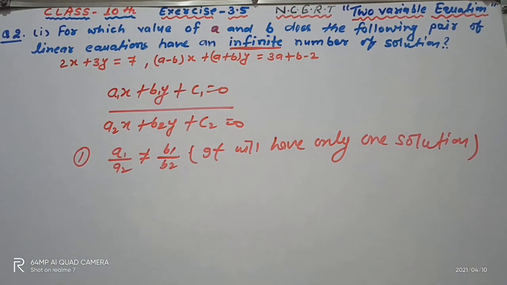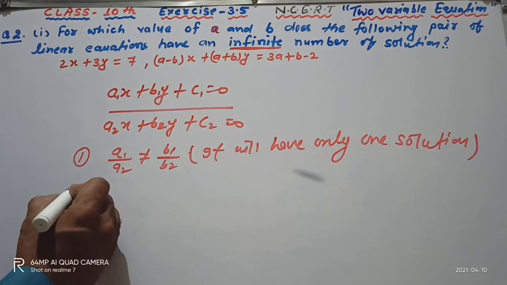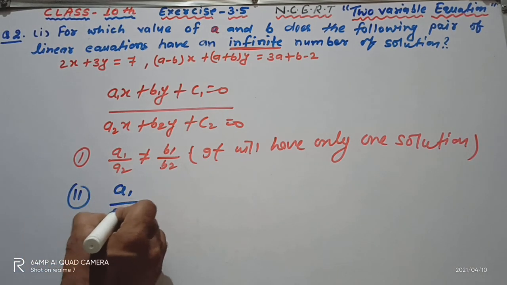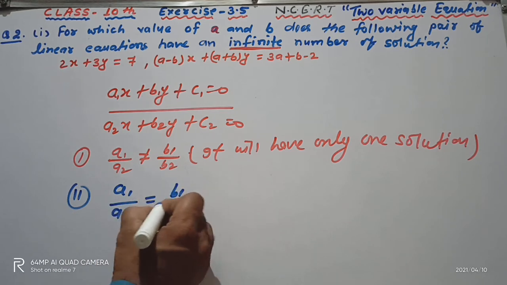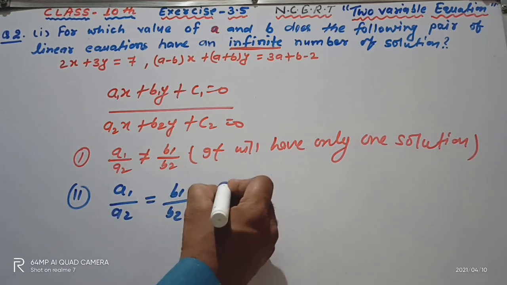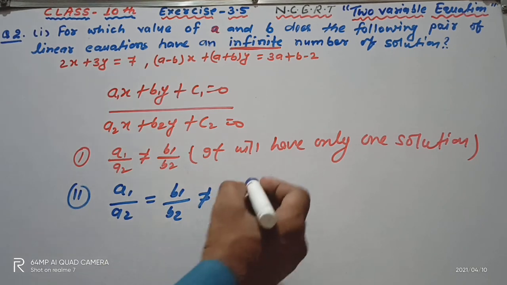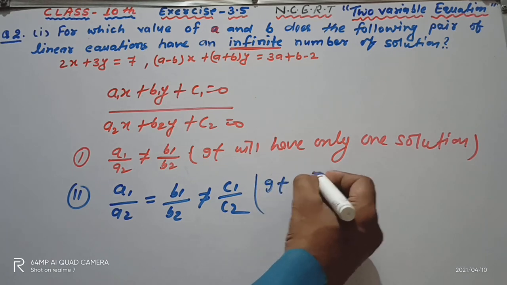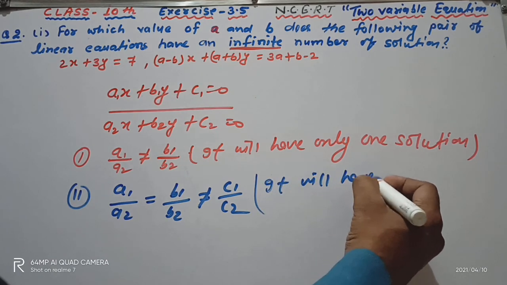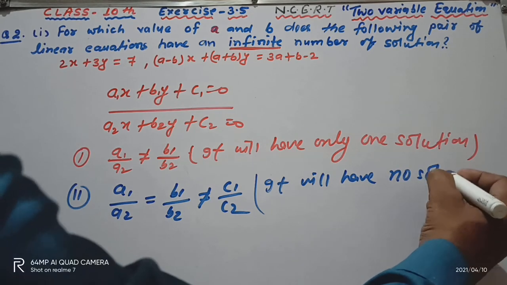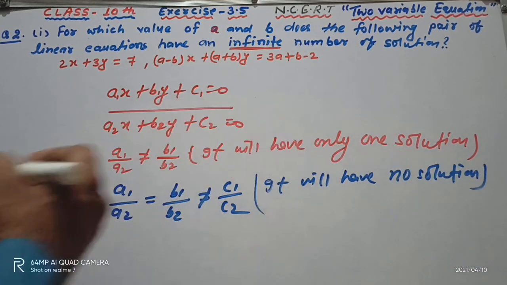Another case: if a1 by a2 is equal to b1 by b2 but not equal to c1 by c2, what will happen? It will have no solution.